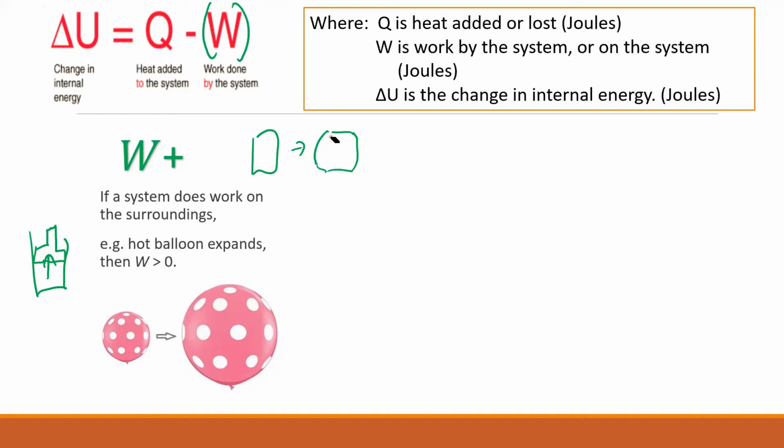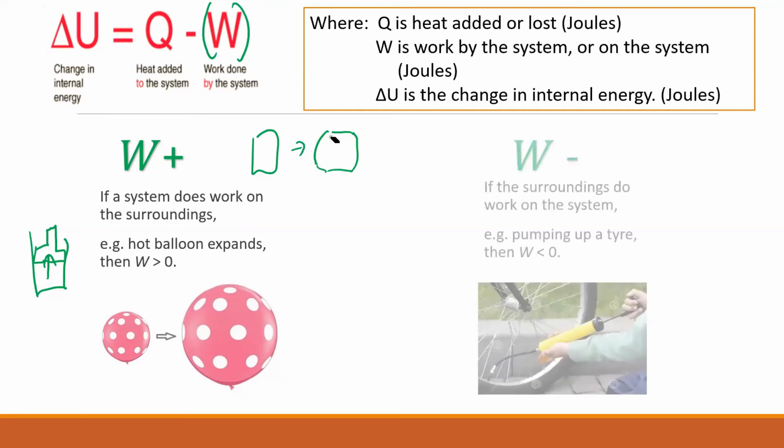I'm giving you guys the examples this time because sometimes coming up with examples of things that are pushing on the surroundings are a little bit hard to think of. I think there might be an example about elastic bands here, but I can't recall. So I'm just going to leave that at the moment.